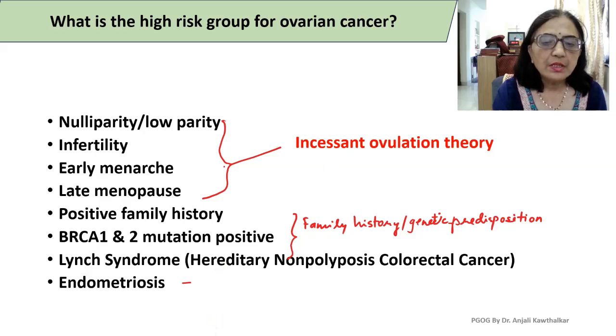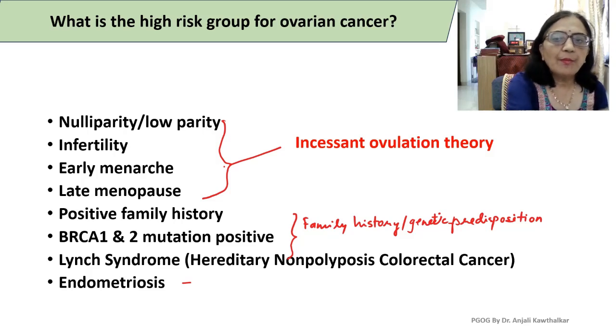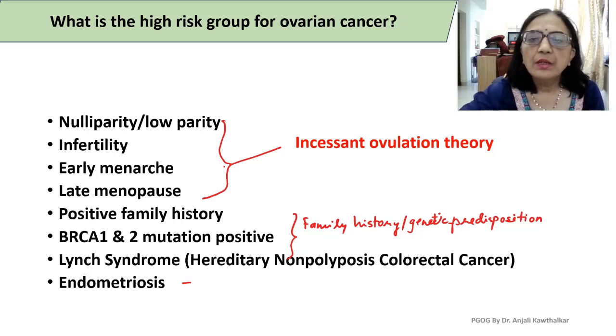So what is this incessant ovulation theory? Whenever there is an ovulation which takes place, there is a trauma to the surface of the ovary. The ovarian surface is getting disturbed whenever ovulation takes place. Ovulation means release out. There is always a trauma to the ovarian surface, and the more the number of ovulatory cycles, the more will be the trauma.